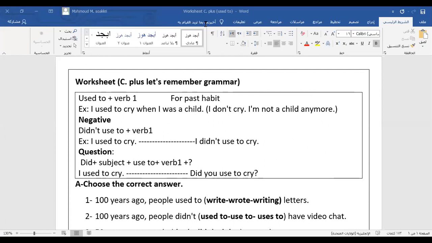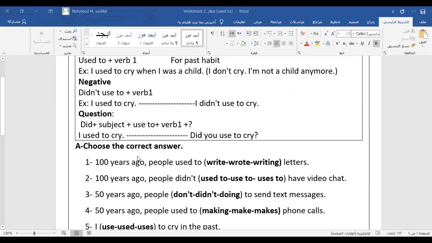Yasin Khalid, look here. Be careful and choose the correct answer. Remember that in positive sentence we use used to plus verb one. In negative, didn't use to plus verb one. In question, did, subject and use to plus verb one. Read the first one, please.